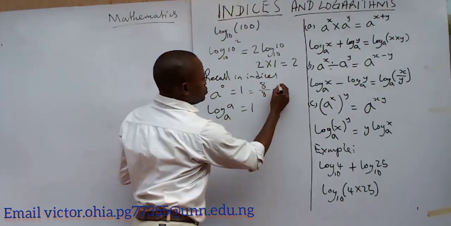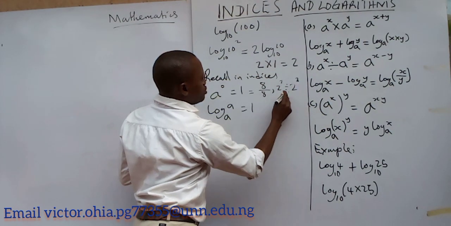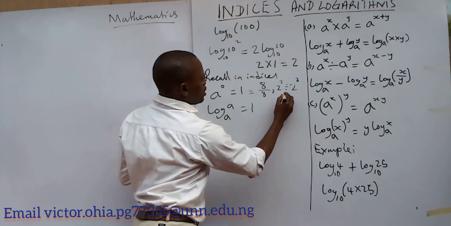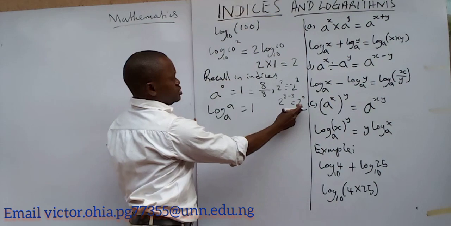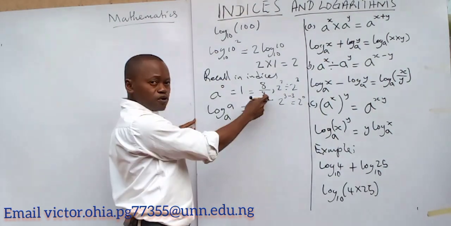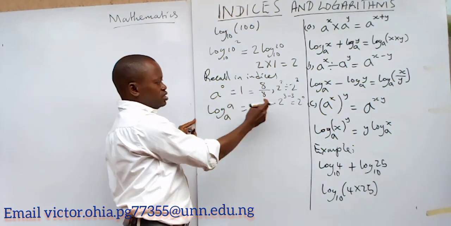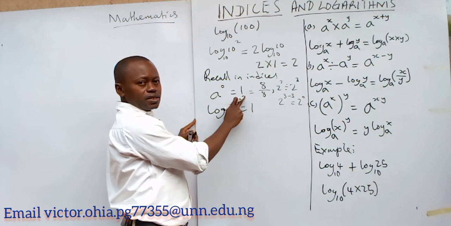I said that this 8 is 2 raised to power 3 divided by 2 raised to power 3. When you subtract these powers, you have 2 raised to power 3 minus 3, and that will give you 2 raised to power 0. You see that this raised to power 0 is the same thing as 8 over 8, which is 1. It then means 2 raised to power 0, which is similar to a raised to power 0, is 1.